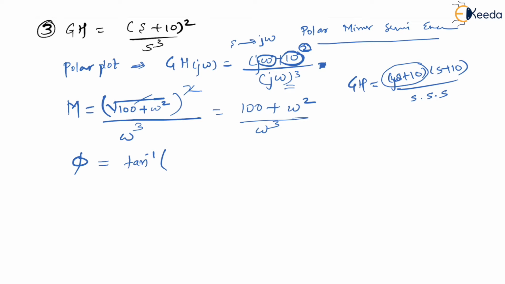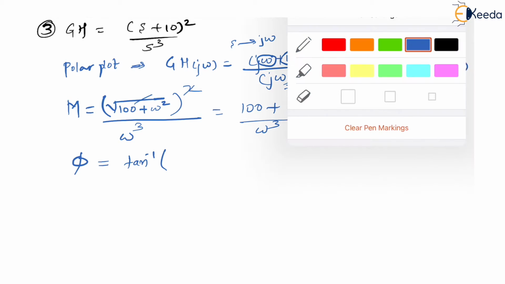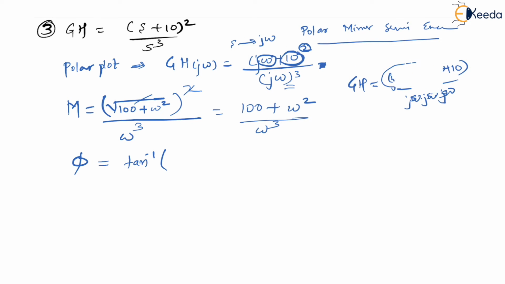Let me write it in a better way: (j omega plus 10) into (j omega plus 10) upon j omega into j omega into j omega, right?